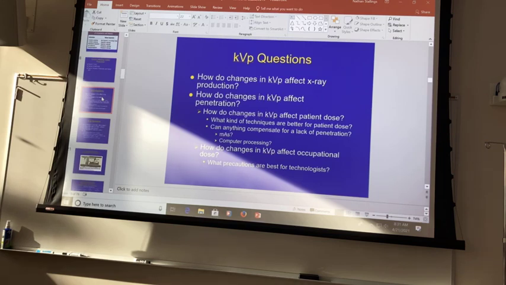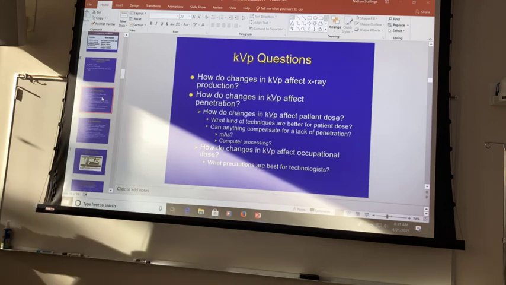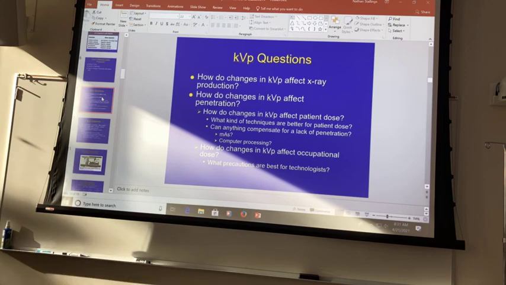The 15% rule is a change in kVp with an accompanying change in mass, and that's really to maintain the image receptor exposure. We talked about changes in kVp and how that affects penetration.